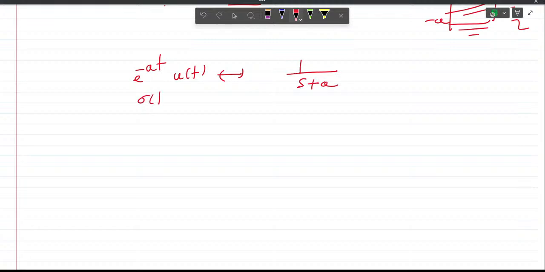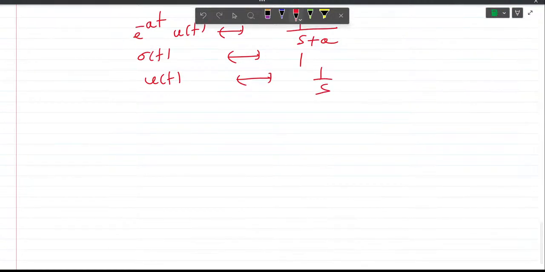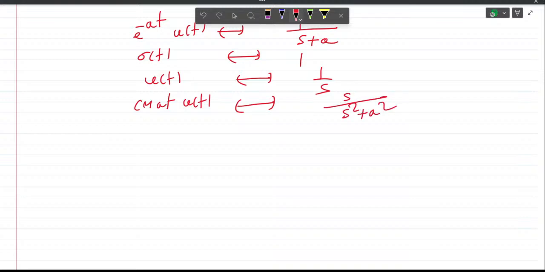Similarly, you can find delta of t is equal to 1, u of t is equal to 1 upon s, then cos at u of t, that starts from t equal to 0, is s upon s square plus a square. Sin at u of t has the Laplace transform a upon s square plus a square.